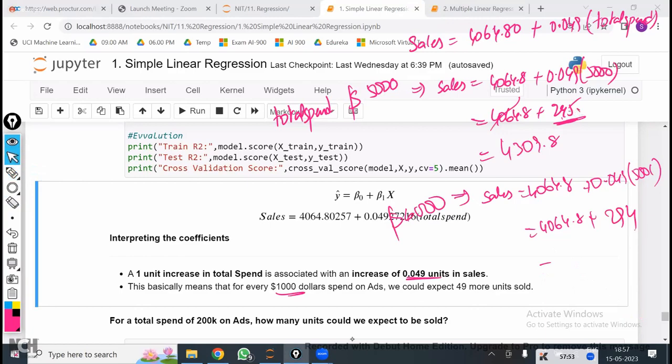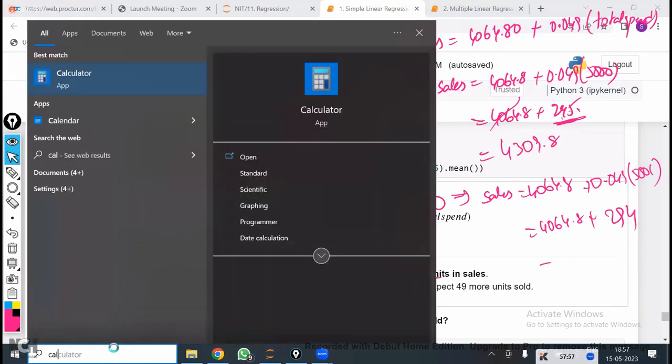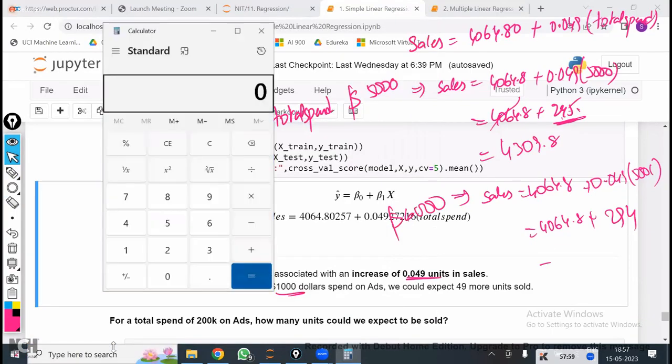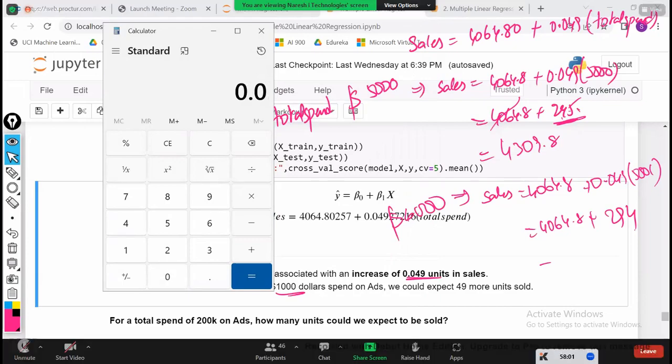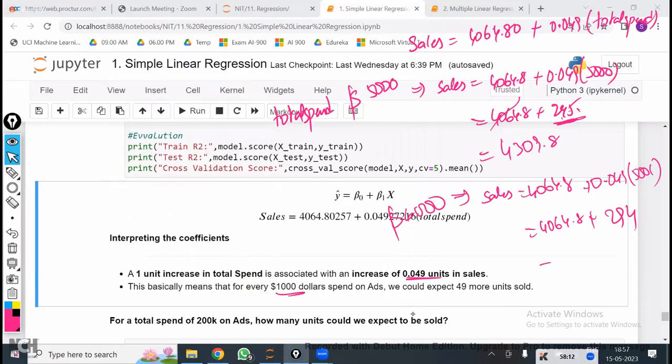Just try. Open the calculator. 0.049 into 6,000 is 294. Now, how much is the difference between these two? 49 is the difference. I have written the same.